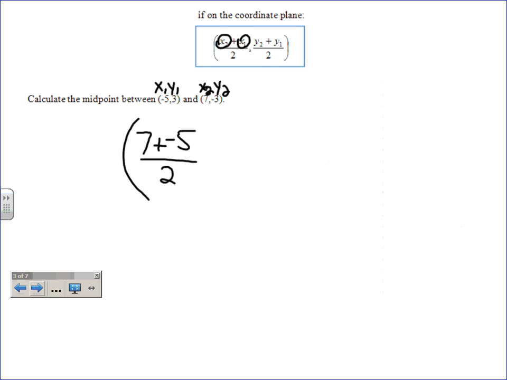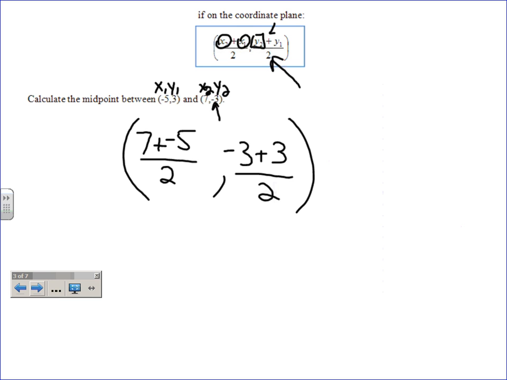Over here, it says to take Y sub 2, which is right there, right? And it says that's negative 3 right there, plus Y1, which is 3, and I have to divide by 2.